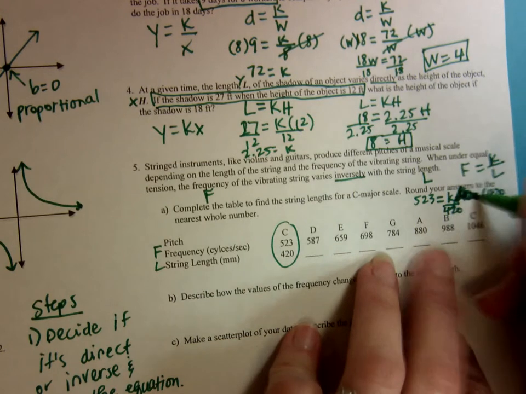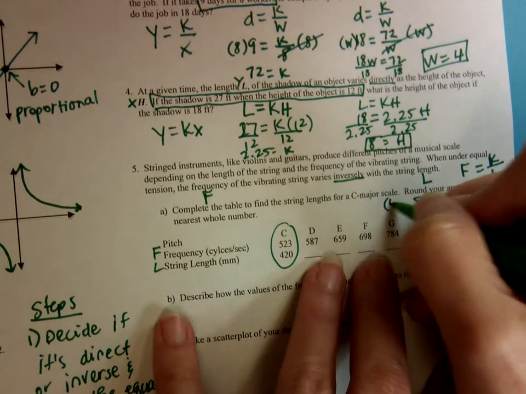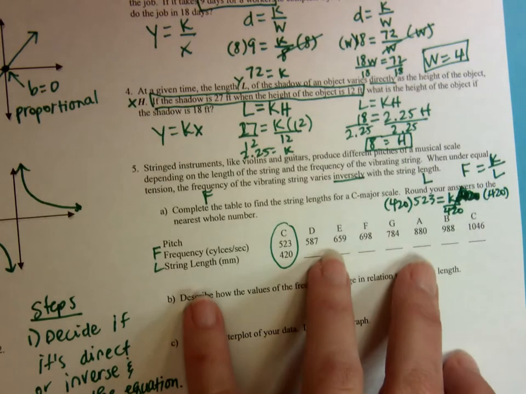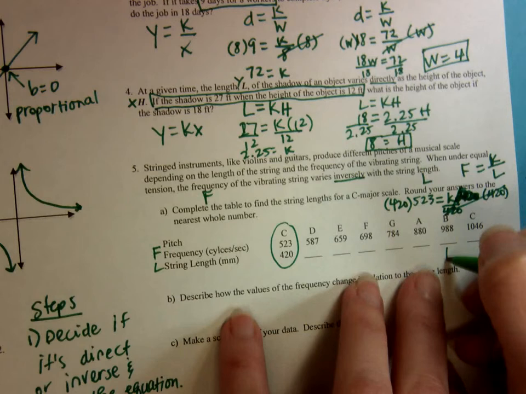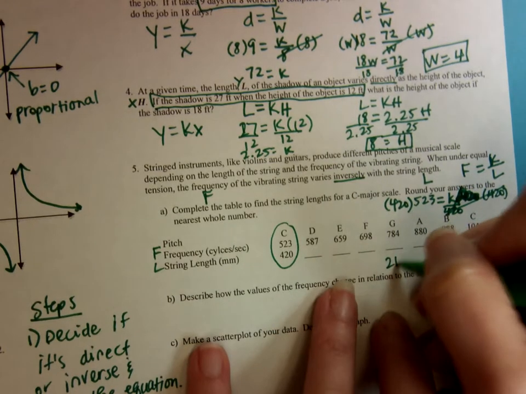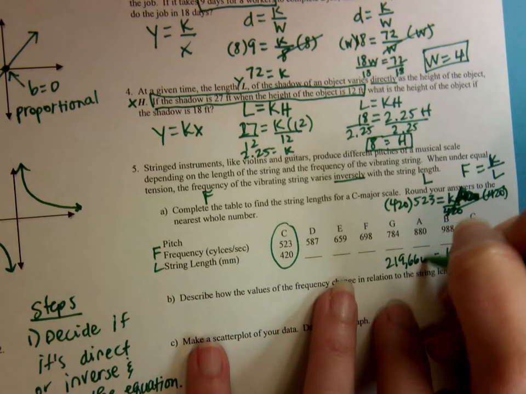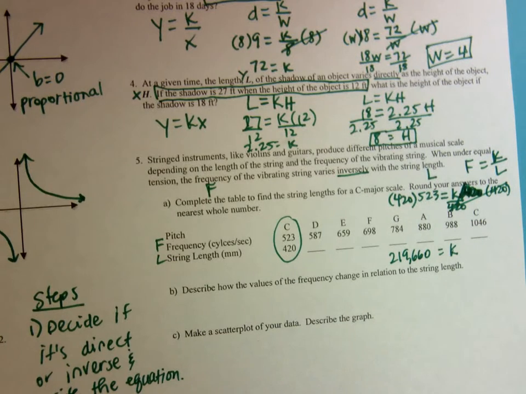We're going to multiply both sides by 420 so that the 420s will cancel. And so our K is going to be 219,660. Sorry, that's not the string length. That's the K, the constant of variation. We have to figure out what the string length is by using that.